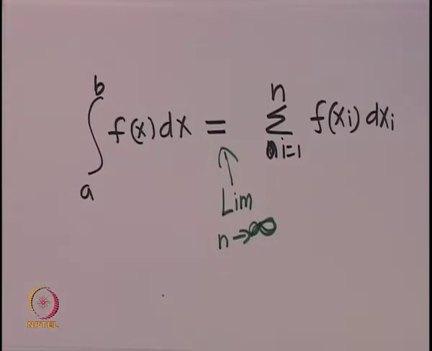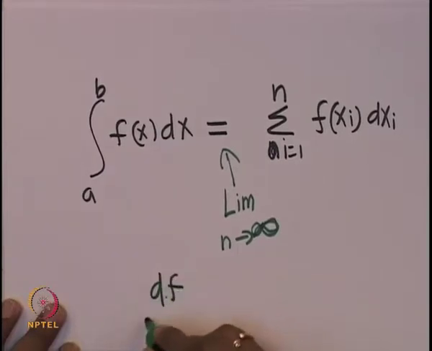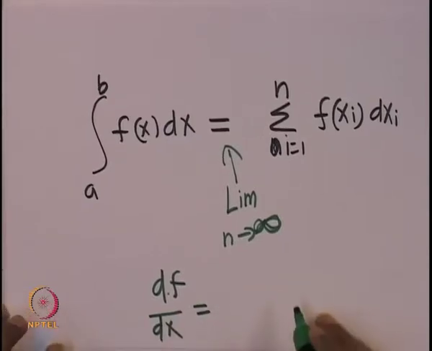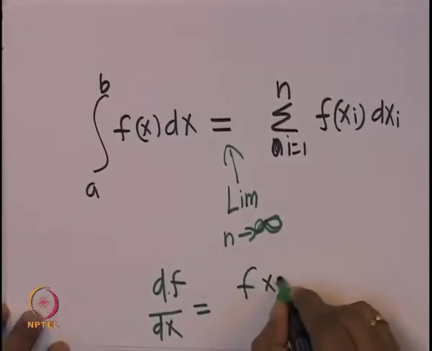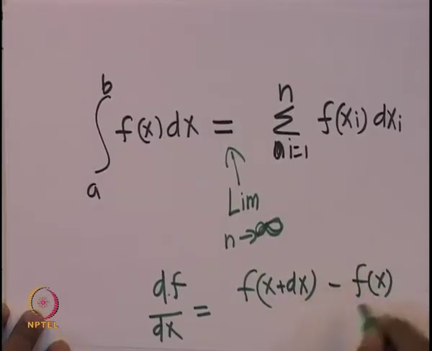Now, we will see some example. The correct thing to do, just like in calculus, we said that df by dx is f of x plus dx minus f of x divided by dx.